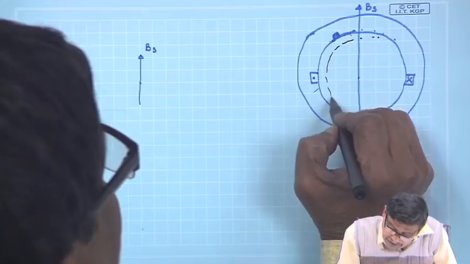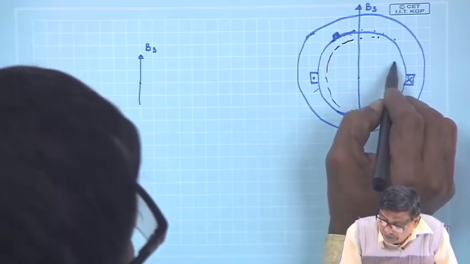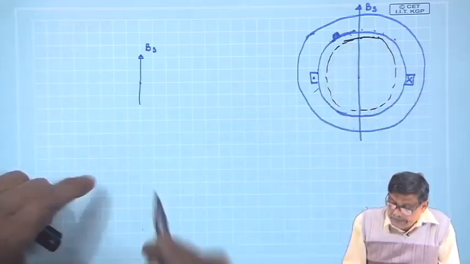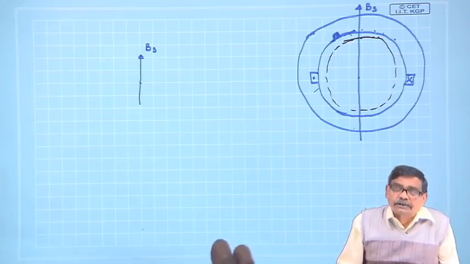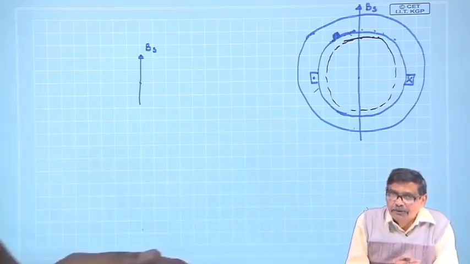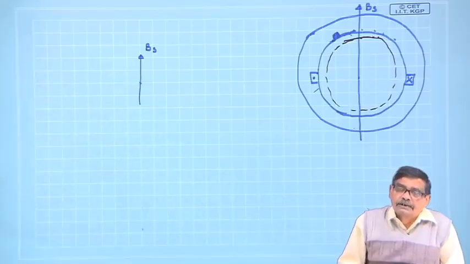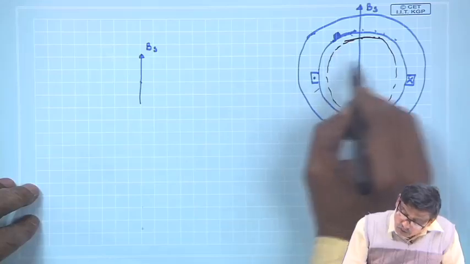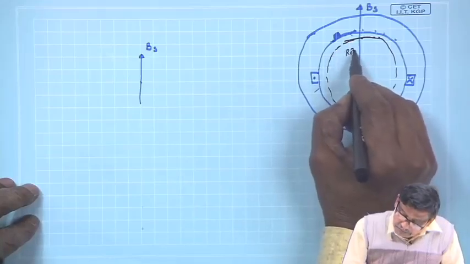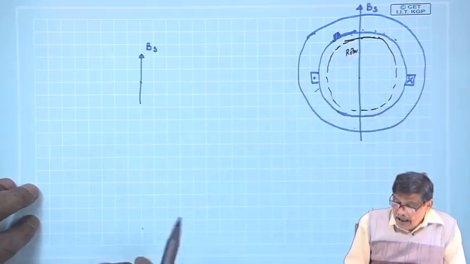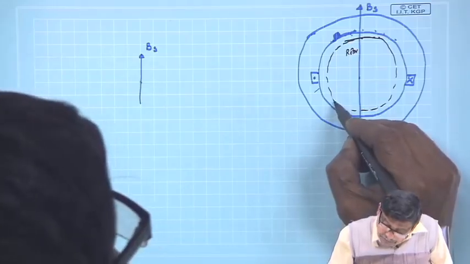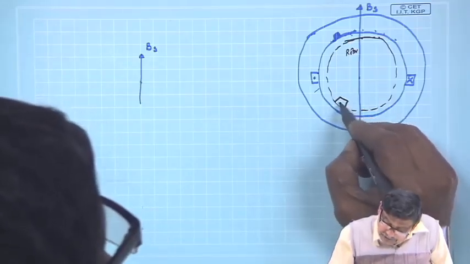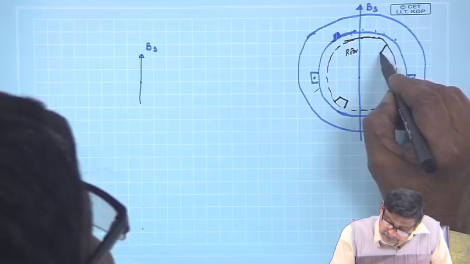This exercise everybody must do to understand the torque production and how the angle between BS and BR etc. comes in. Suppose you have the rotor iron, and here also you have a pair of slots. This I will do slowly so that you understand.